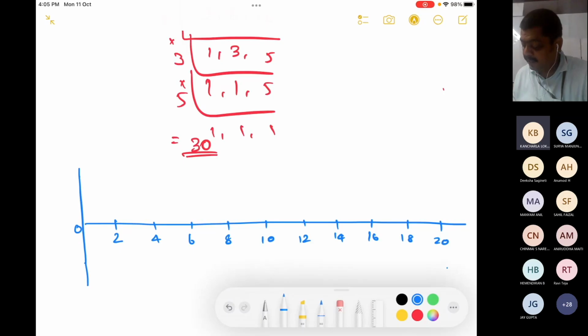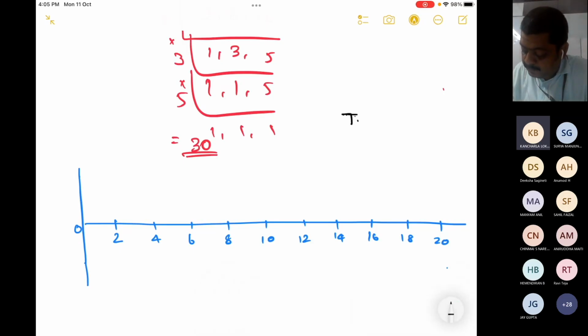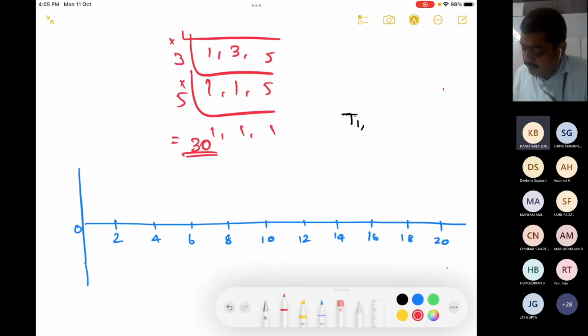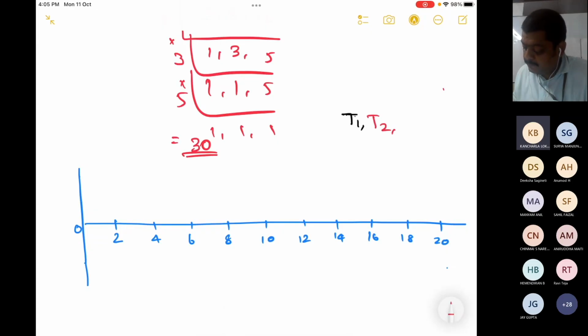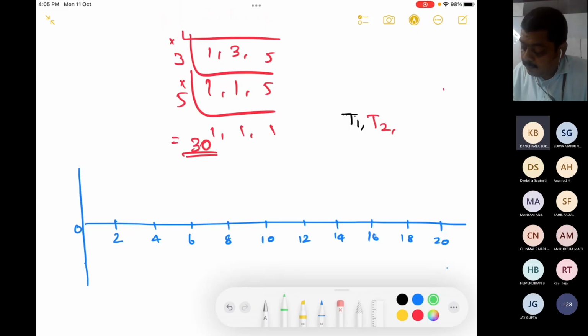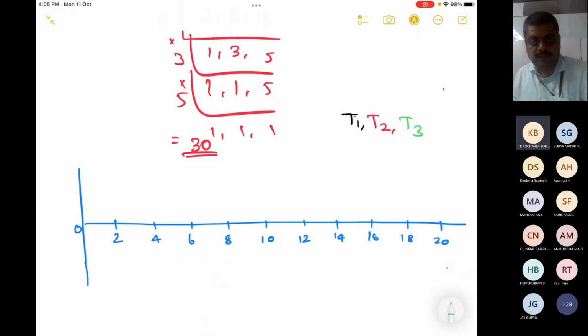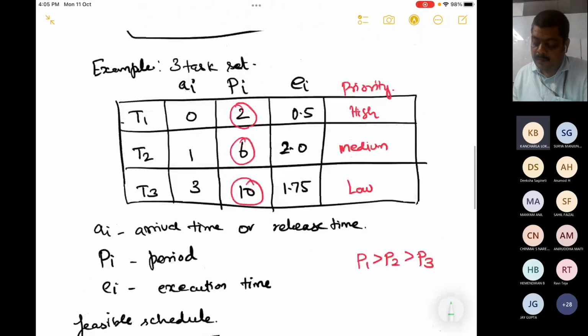Okay. So now we will take 3 colors. Let's say I take T1 in black, T2 in red, and T3 in yellow. So T1 will be in black. Now I'm going to T1. What is the constraint here? For T1, the arrival time is 0.